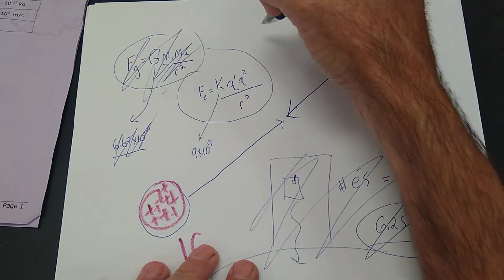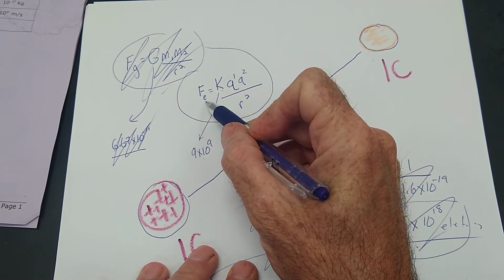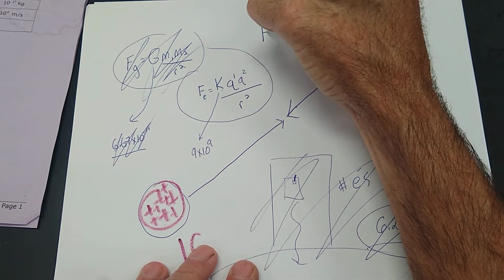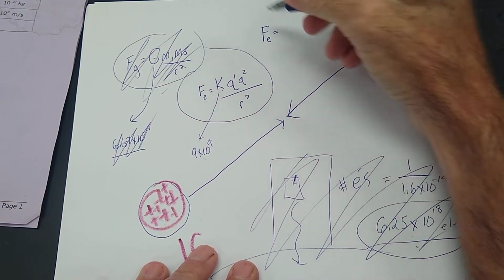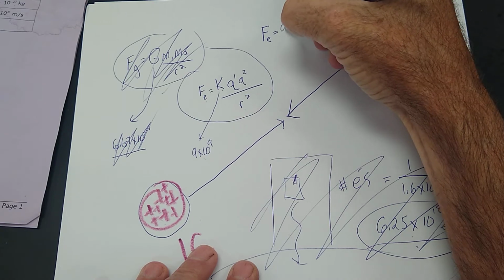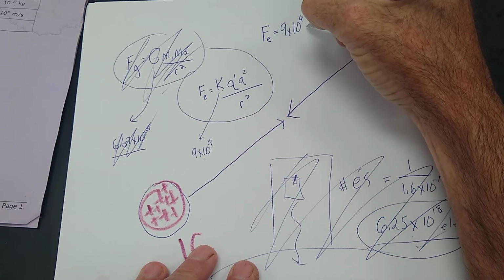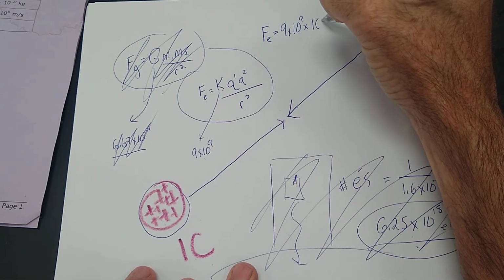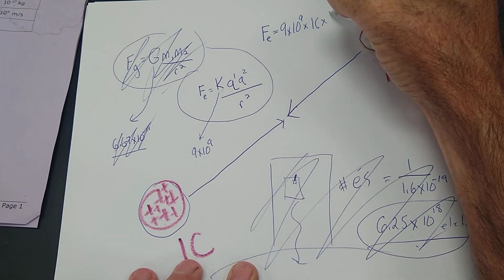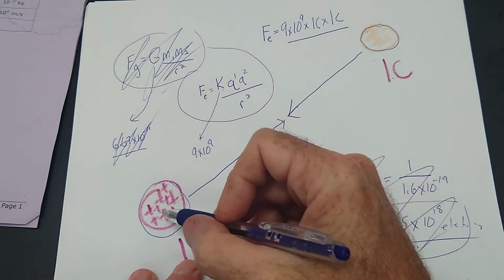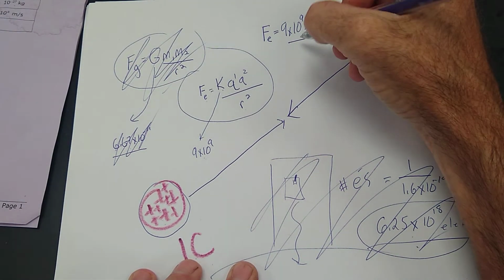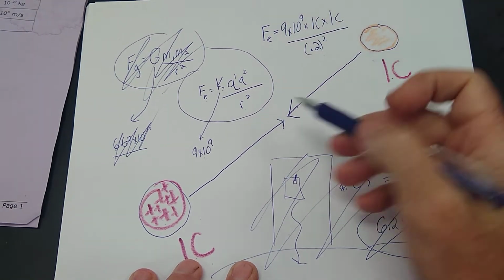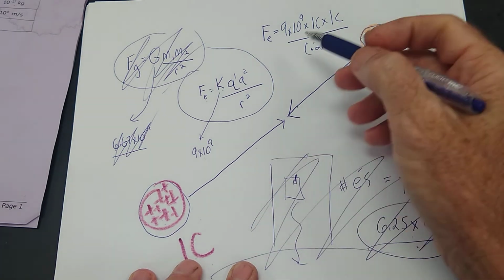Let's do the formula. The force between them is equal to K, Q1, Q2 over R squared. So the force of electricity between them, in newtons, is equal to 9 times 10 to the 9th times 1 Coulomb times 1 Coulomb divided by 20 centimeters, so 0.2 meters, squared.